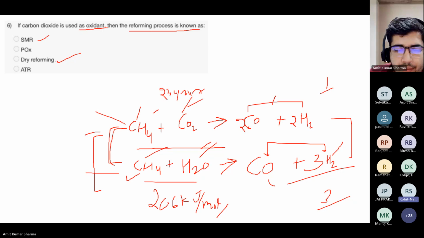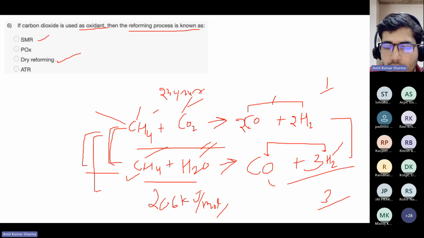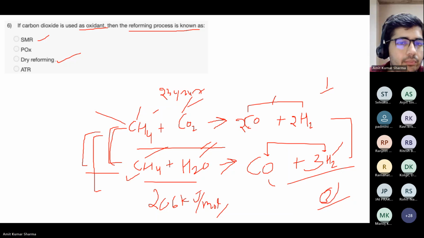So for now, dry reforming requires more energy as compared to steam reforming, and the ratio of H2 to CO in dry reforming is 1 and in steam reforming is 3. And what about partial oxidation? Basically in partial oxidation, we use a stream of oxygen.